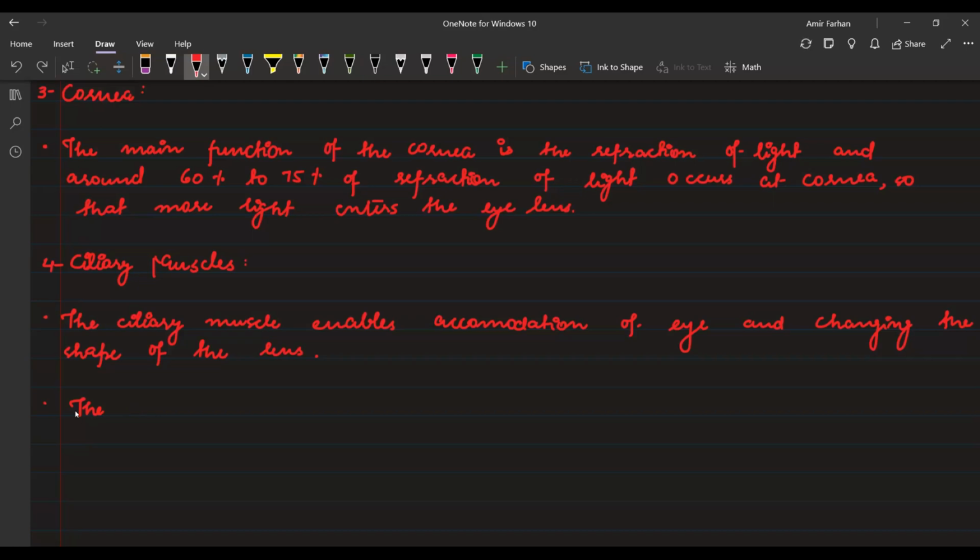Next is the ciliary muscles. Okay, Zainab, clear there?